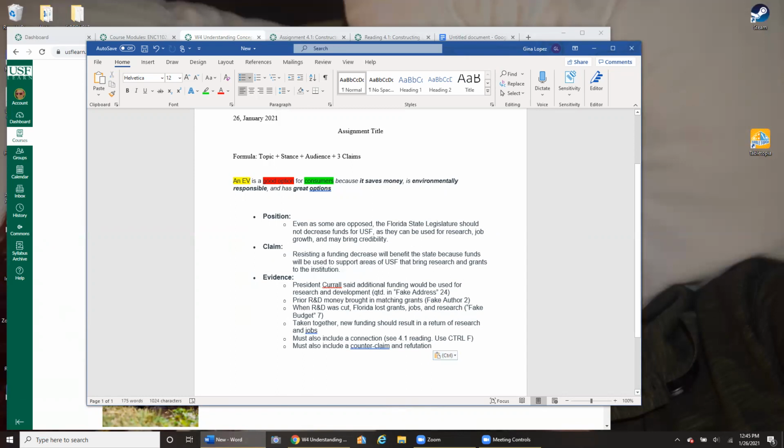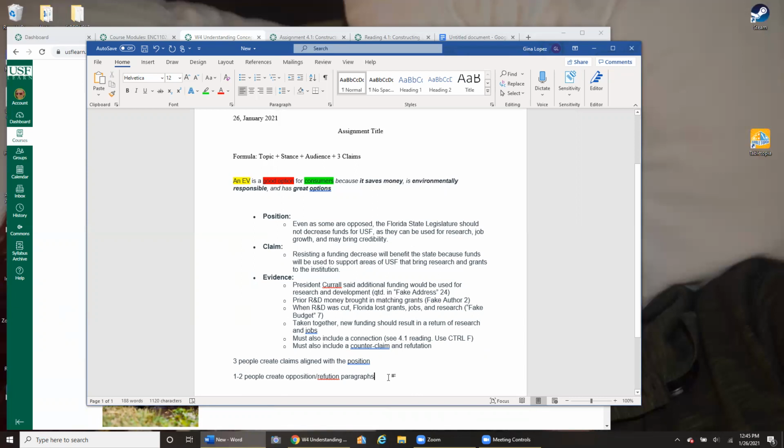That's where the other 1 or 2 people left over in the group can create opposition and refutation paragraphs.